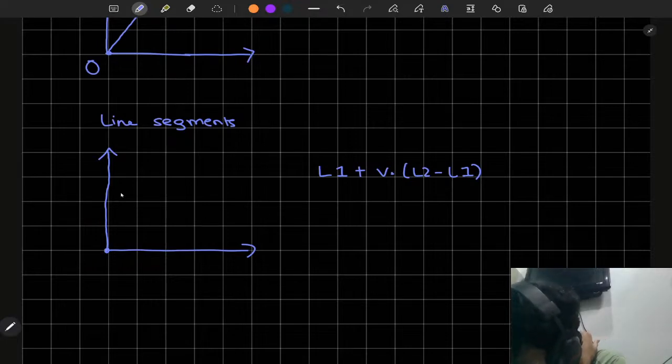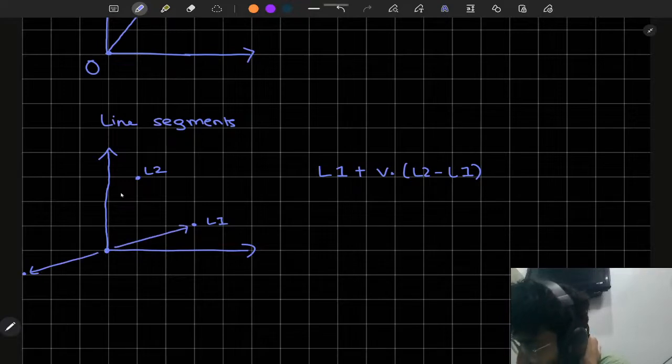So let's go back to our previous example. Say we have L1, say we have L2, then minus L1 would be something like here, and if you were to add L2 minus L1, it would be somewhere here.